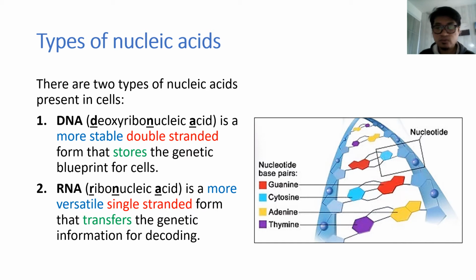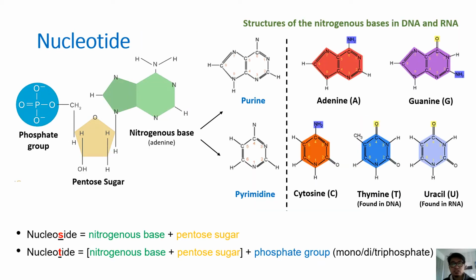Okay, next, move on. The nucleotide is the basic unit of the DNA. It consists of the phosphate group, the pentose sugar, and the nitrogenous base. The nitrogenous base can be divided into two different types, which are the purine and pyrimidine.